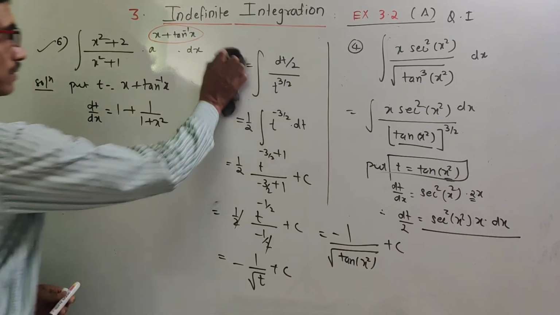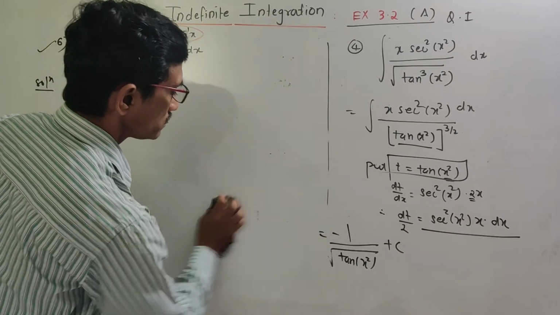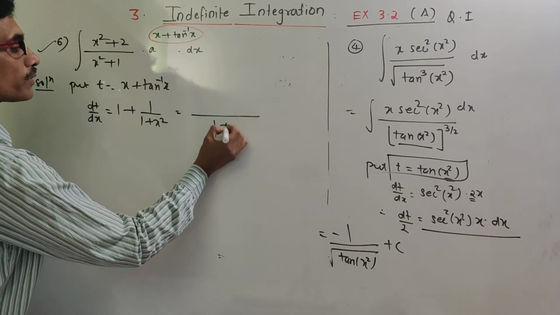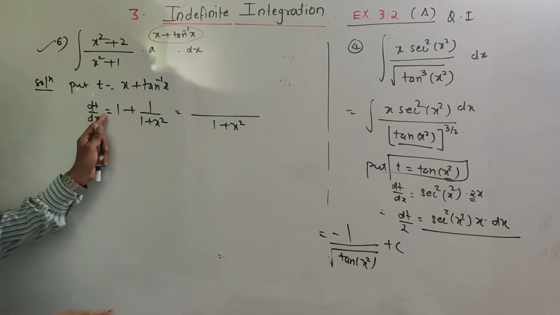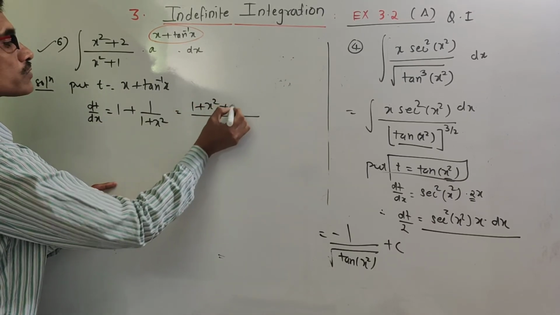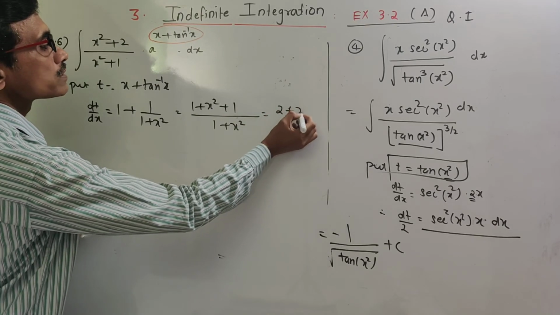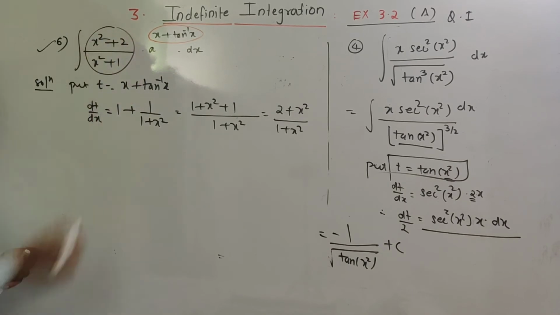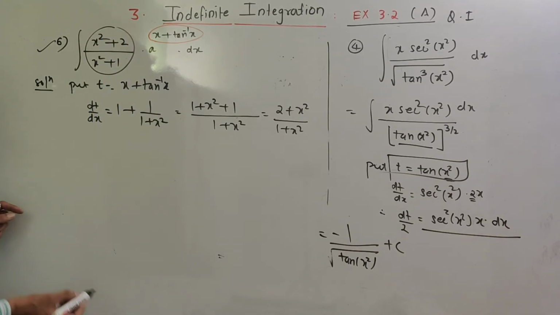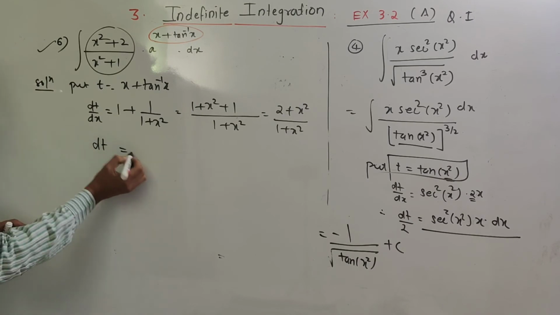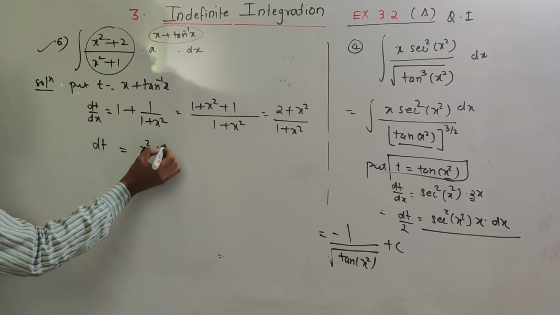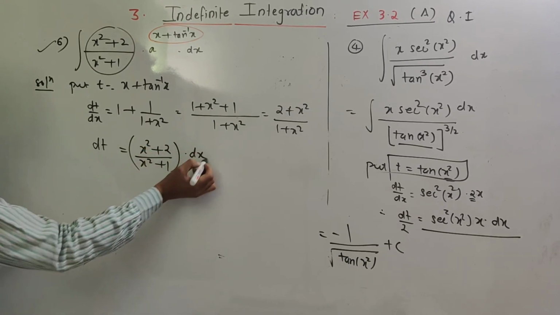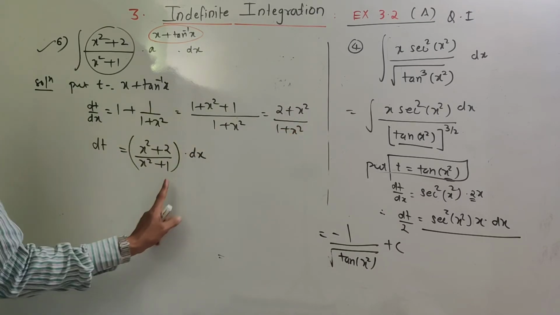Then simplifying this, the denominator is 1 plus x square, LCM of the denominator 1 plus x square plus 1, which is 2 plus x square upon 1 plus x square, which is 2 plus x square upon x square plus 1. So dt is equal to x square plus 2 upon x square plus 1 into dx. Cross multiplication will give us this.